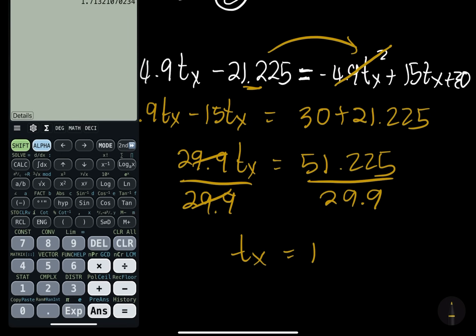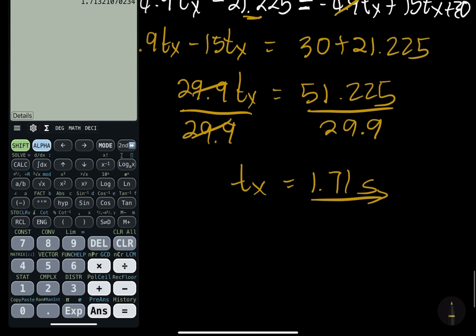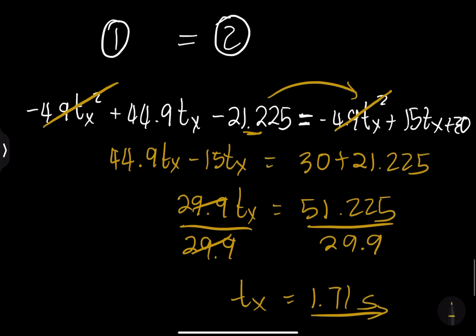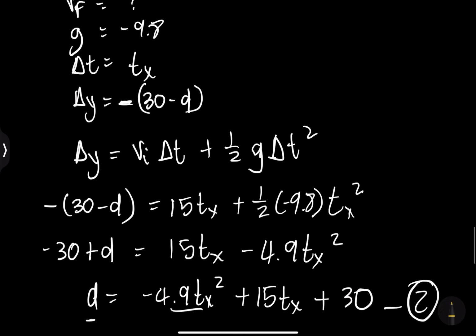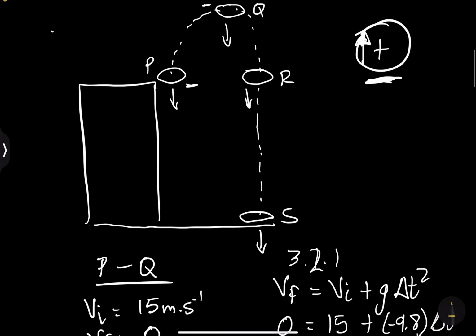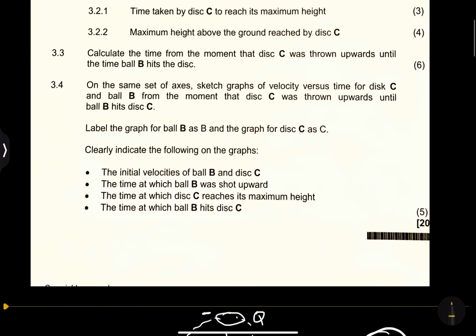And I get a time of 1.713, well, 1.71 seconds. All right, please just verify, ladies and gents, just check if I'm still on the right track. So that is how we were going to answer that question. Right, just please make sure that my approach was correct.